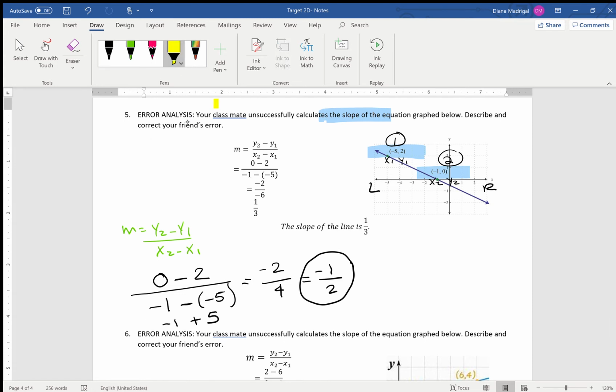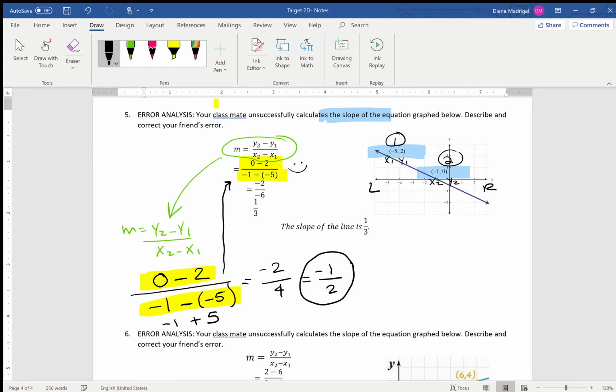Okay. So this is the equation that I wrote in green, right? This right here is my equation right here. This is their work, the very first work. How did they plug in the numbers? I have 0 and -2 on top. 0 and -2, that's fine. All right, next. I have -1 minus -5. -1 minus -5. All right, that step is correct.